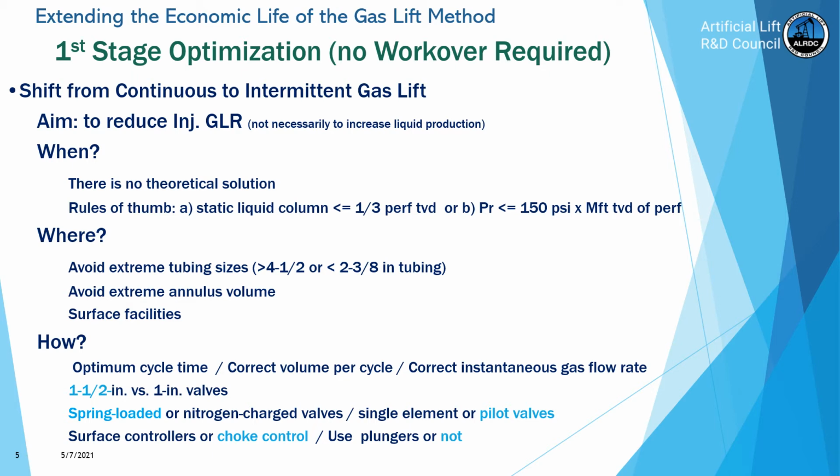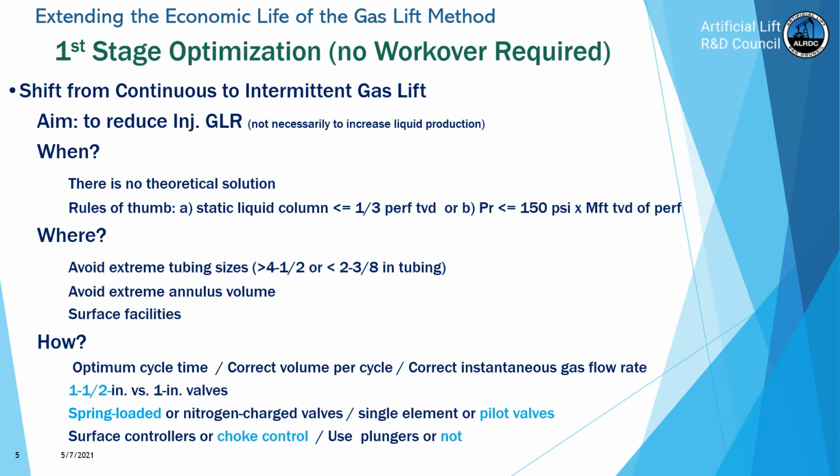But if the system is not able to provide the gas flow rate through the pilot valve to sustain a high liquid slug velocity, then you're going to have huge fallback losses. And the problem with the velocity of the liquid slug is that if it moves very slowly, then the gas will tend to bubble through the slug.